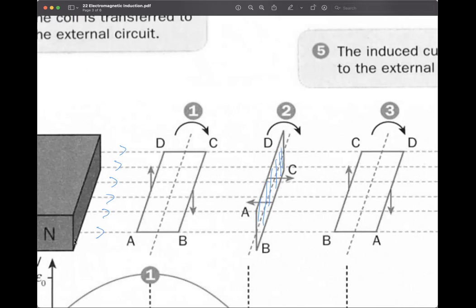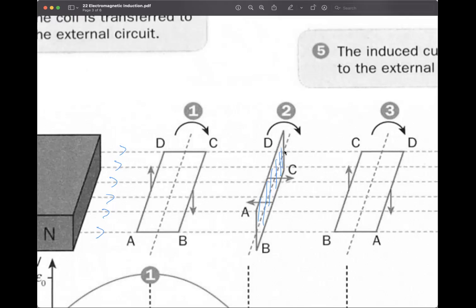Okay, so magnetic flux is this plane that is perpendicular to the magnetic field. It's this surface that is perpendicular to the magnetic field, and how much of the magnetic field actually cuts through it.